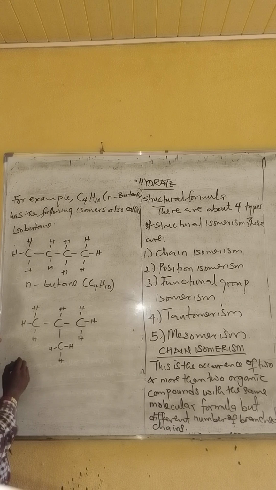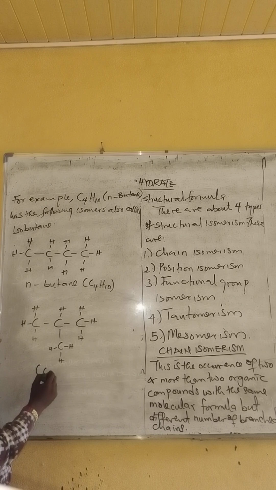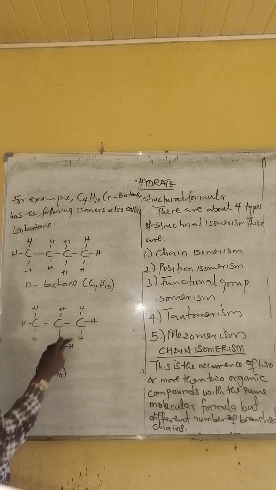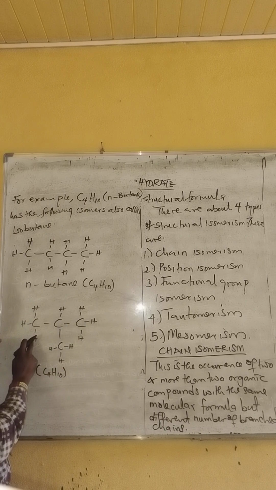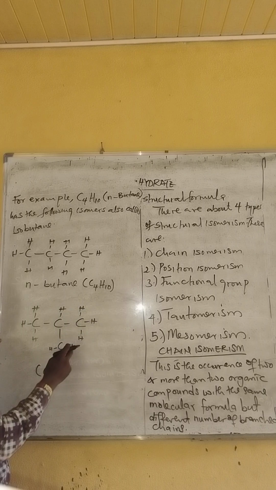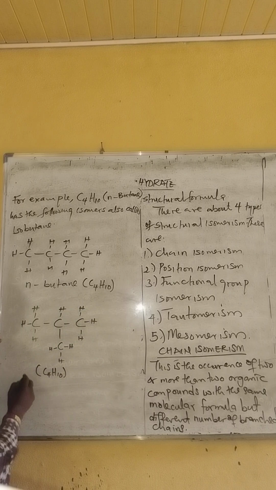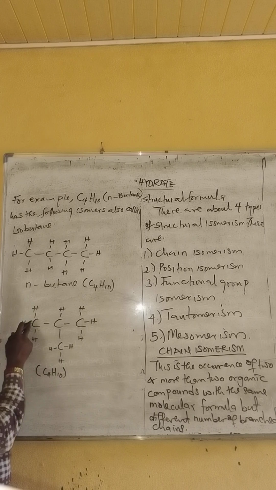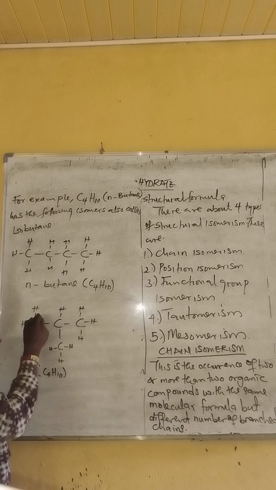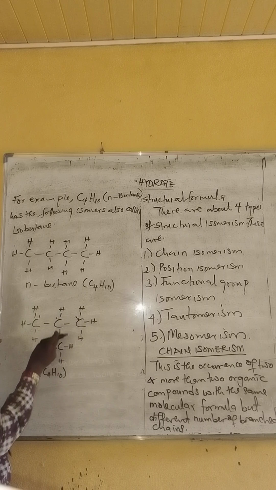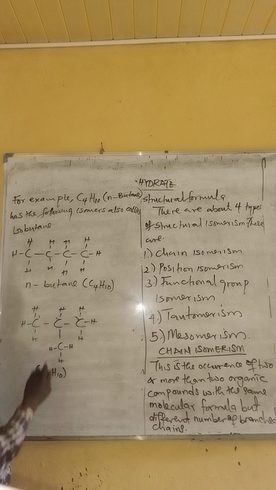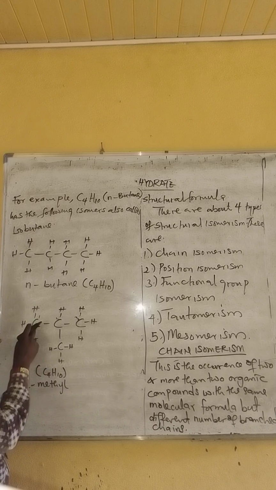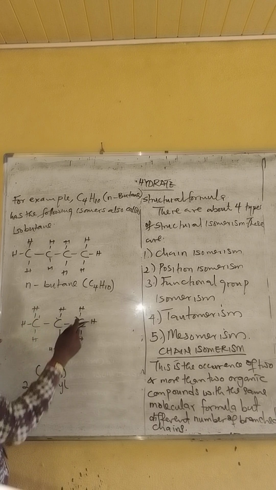Now, you can see this is the same thing as C4H10. Let's check: C is 1, 2, 3, 4, and H is 1 to 10. But the name of this one now: CH3 means methyl. If you start counting here, 1, 2, 3, the position of the carbon to which this CH3 is joined is number 2. So this is 2-methyl. How many carbons are there? 1, 2, 3: propane.